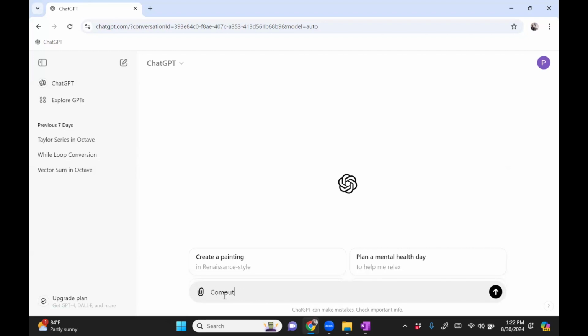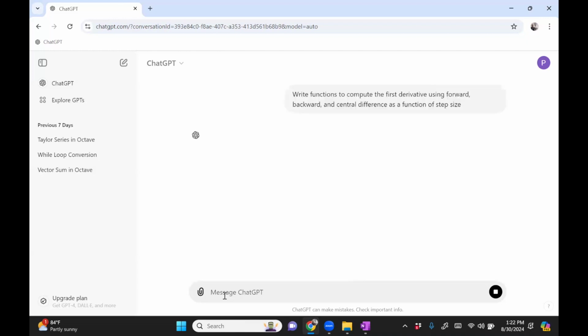So I'll say, write functions to compute the first derivative using forward, backward, and central difference as a function of step size.